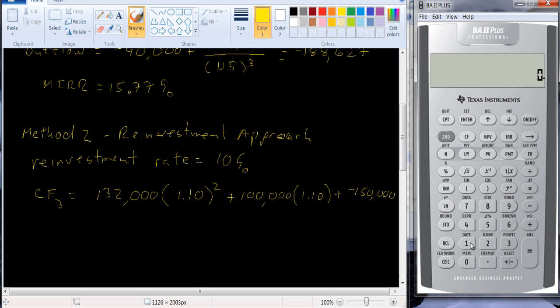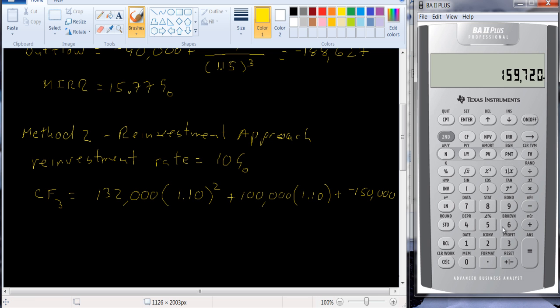We're going to take 1.1 and raise it to the second power, and then multiply it by the 132,000, and we get 159,720. 100,000 times 1.10 is 110,000.